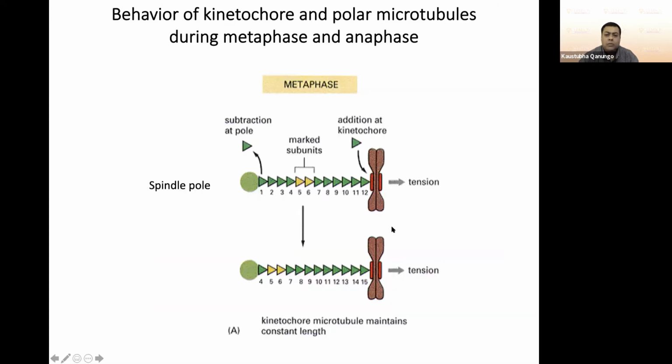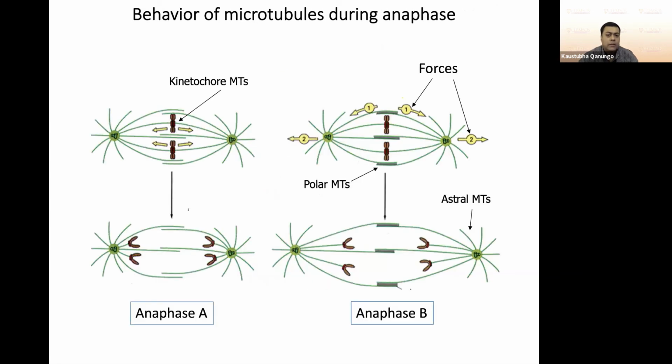So just know the fact about the treadmilling that happens, and you can use fluorescently tagged tubulins to track those. That's straightforward. And just know what is happening in anaphase A and anaphase B, and how these are working.